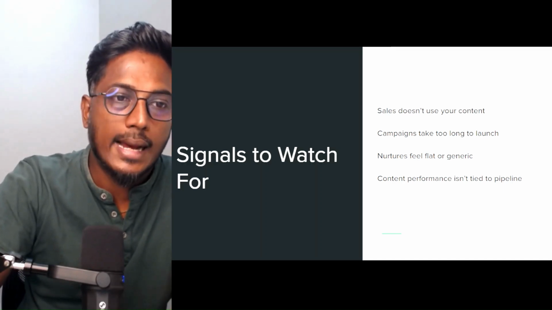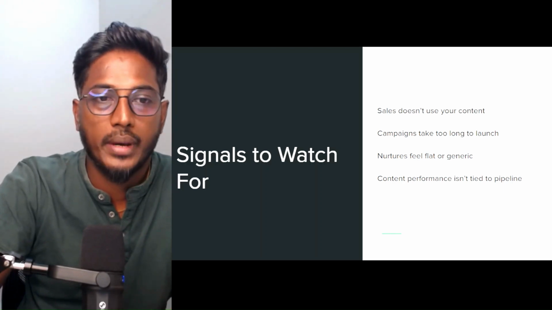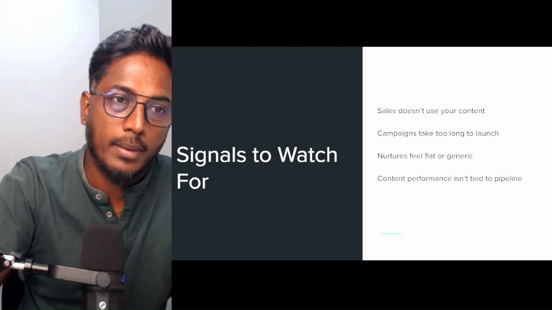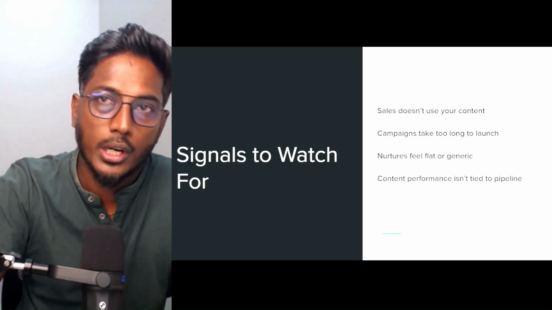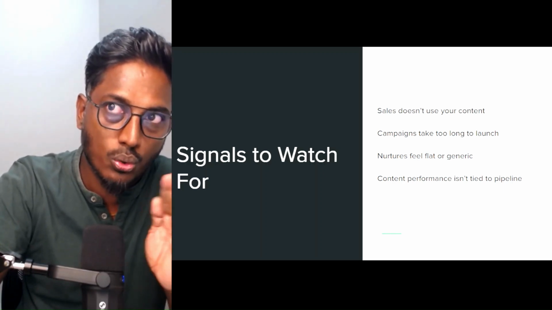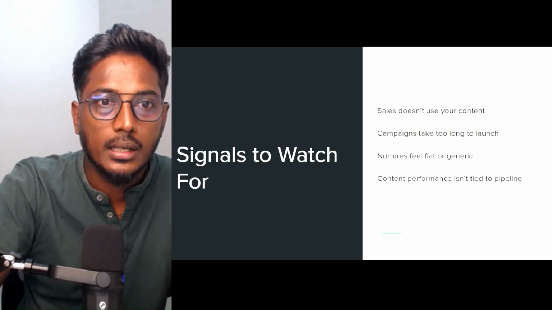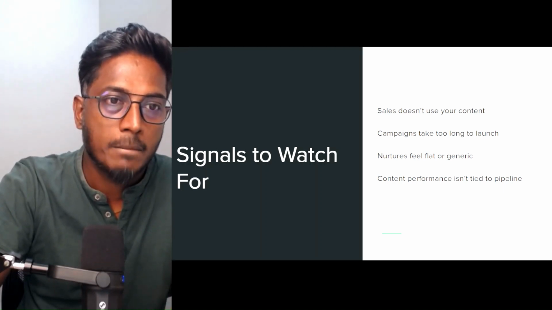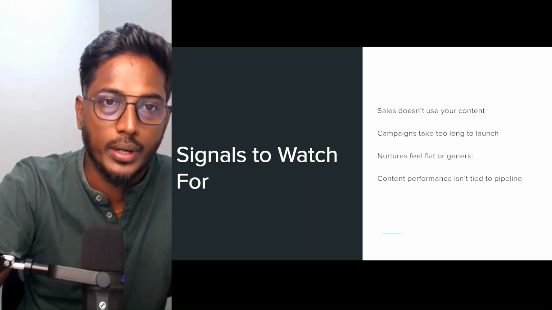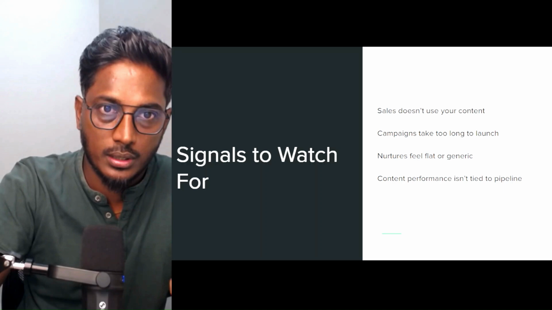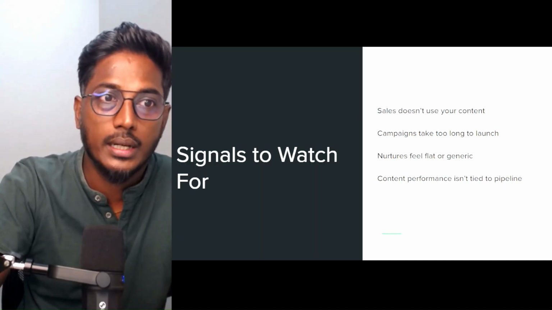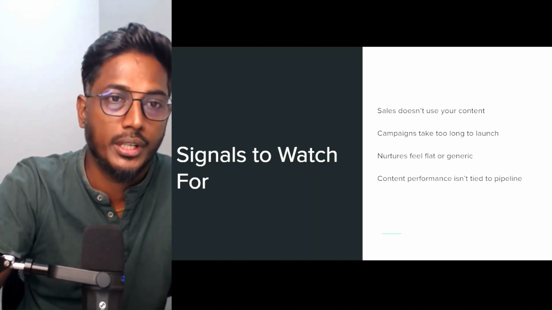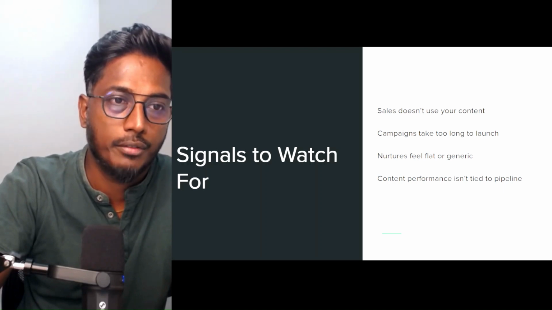So your dashboard can show the page views, the downloads, the click-through rate, but when pipeline reviews happen, no one's talking about the performance of content. Content has its own siloed metrics, but it doesn't take center stage when the pipeline is being reviewed. And if you cannot confidently say which assets influence the pipeline, or which assets have shortened deal cycles, your CRM integration needs some work, not just your content plan, definitely.